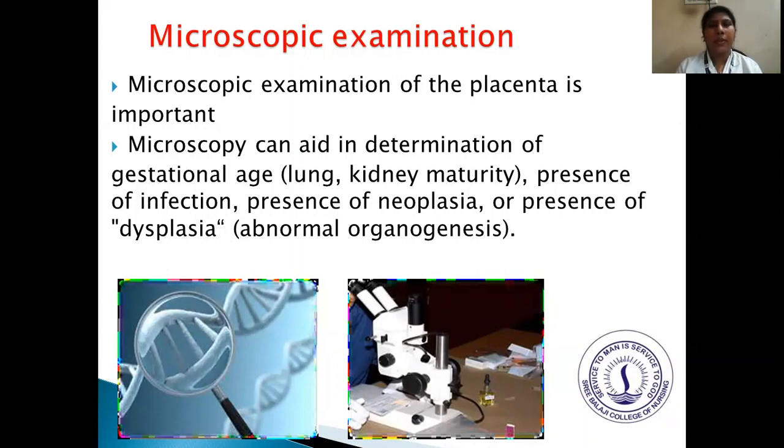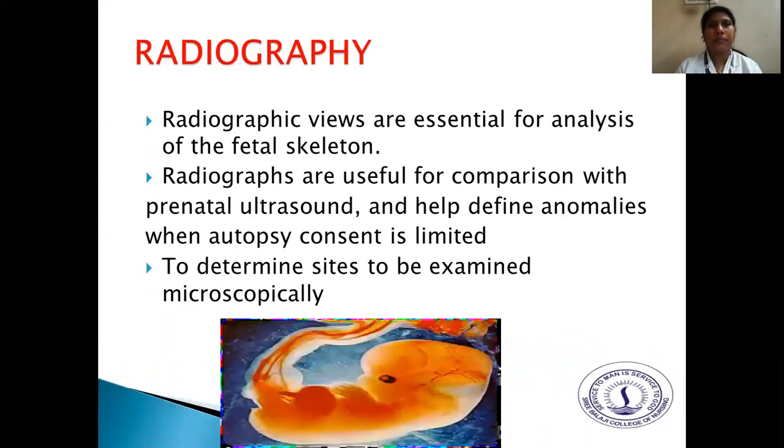So microscopic examination is helpful to find out all these abnormalities, or any maturity of the lung and kidney, and the presence of any infection, neoplasia or abnormal organogenesis. These are all things found through the microscopic examination.